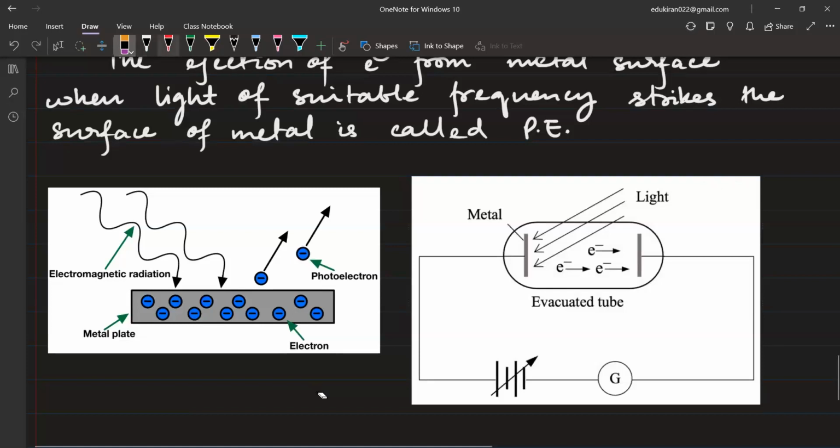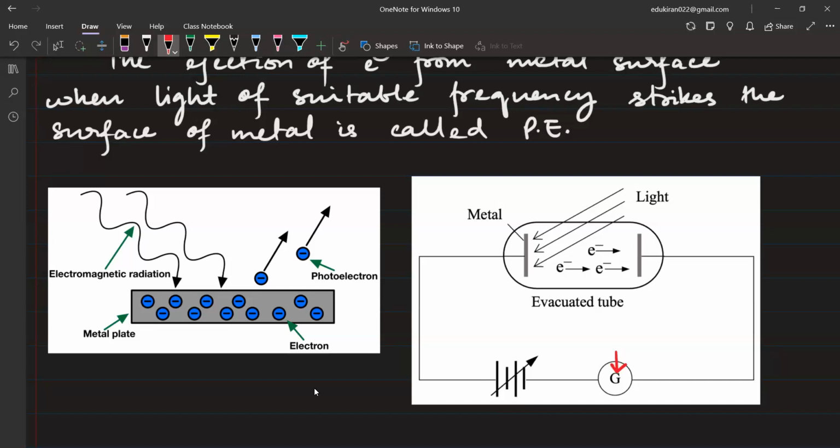Einstein was the one who experimented on the photoelectric effect. What he did was, he was not giving any battery source. That is why this ammeter should not show any voltage, right? This conductometer should not show any conductance. But when he struck light on this metal surface, there were some measurements in this conductometer.